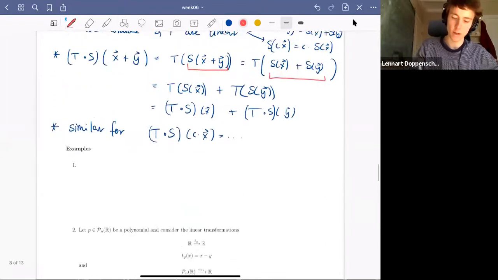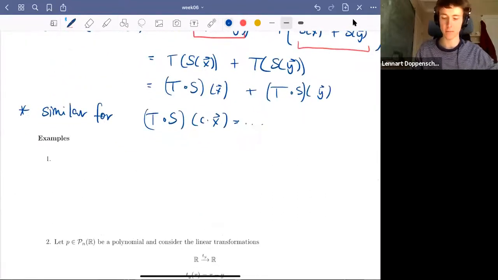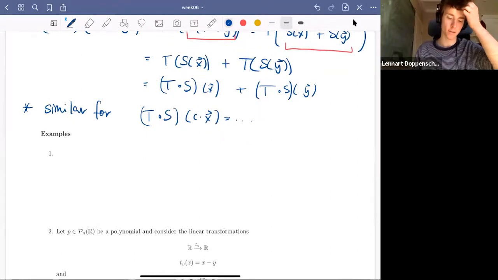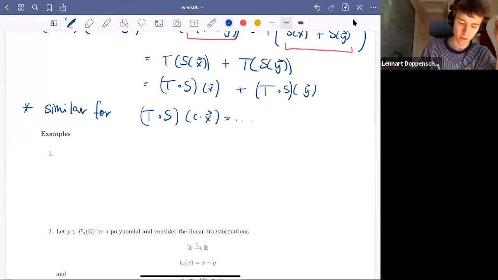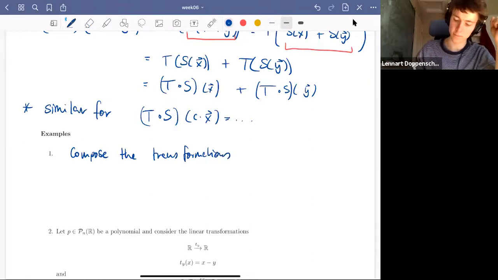Okay, so example 1. I was just lazy, I didn't want to type this out in LaTeX, so I'm just going to write this here. Suppose that we want to compose the transformations.